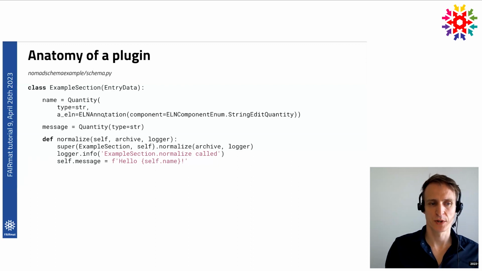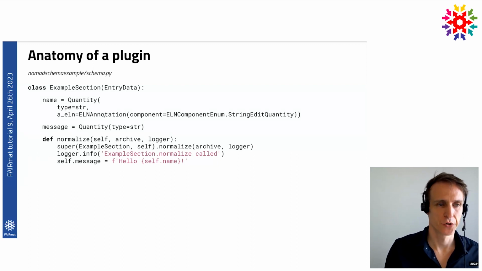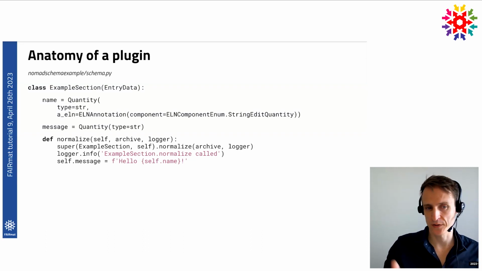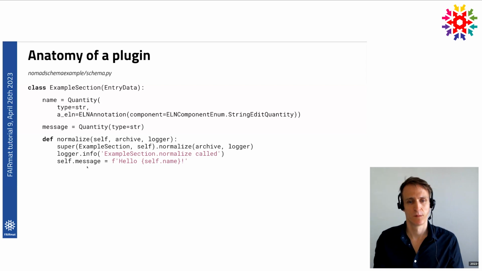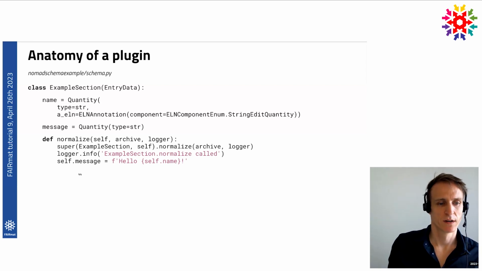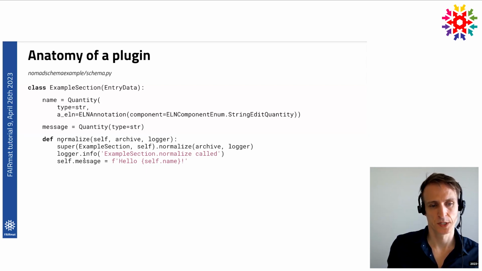These annotations, remember, are necessary to turn your schema into an ELN, because this is what informs the UI to create certain form fields and stuff like this. So in this case, for the name quantity, we say we want to see an input field where people can enter their name. And then we have an example for a normalize function. What the normalize function is doing, if you look at the last line here, it basically assigns a value to the message quantity, like this one here.